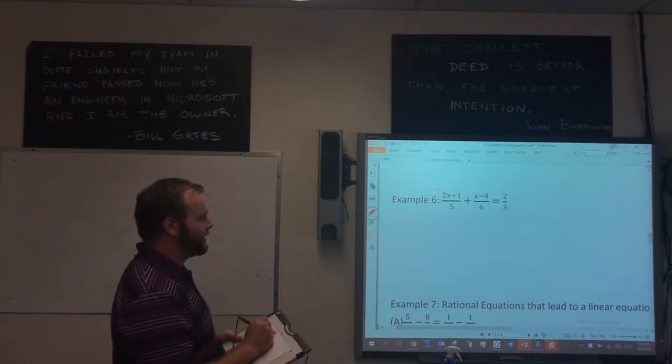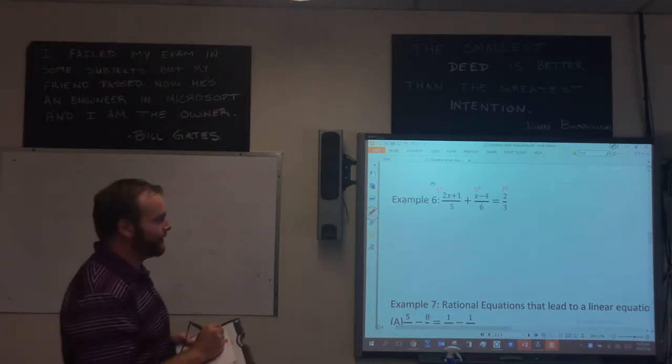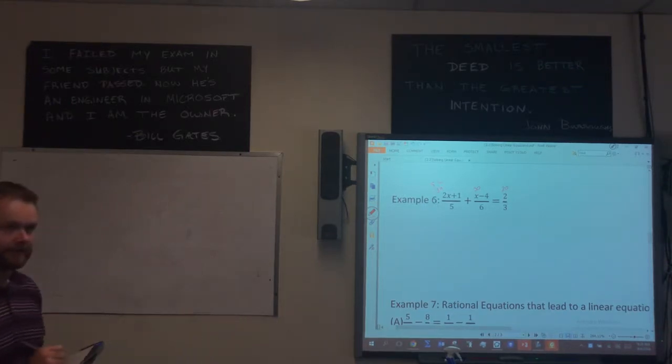So I multiply this one by 30, that one by 30, this one by 30. Here's what's really going on: 30 is 5 times 6, so the 5 and that 5 essentially turn into 1 over 1 and cancel out. I'm left with 6 times 2x plus 1. So there's the 12x plus 6 that I found earlier.